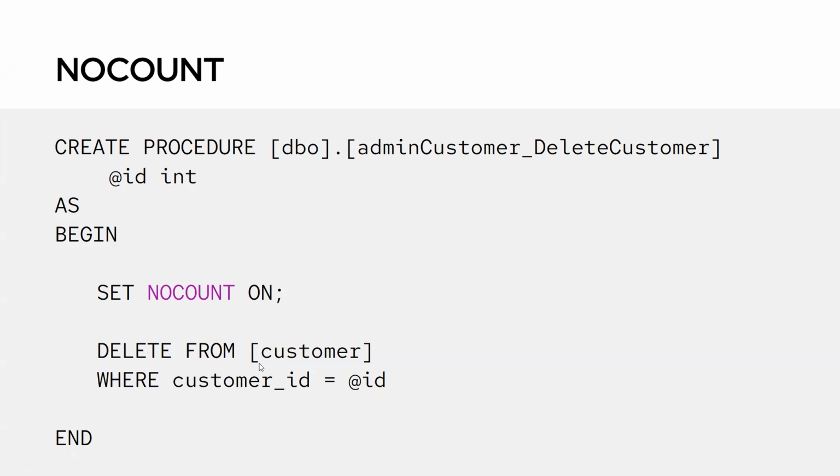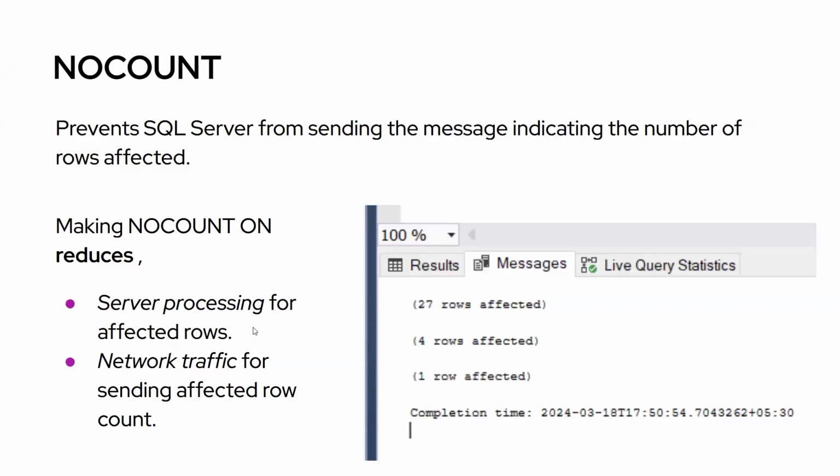When we set NOCOUNT ON, as I mentioned, the server processing for affected rows will not happen, and also the network traffic for sending the affected rows count will not be there. So we could benefit from this in some cases.